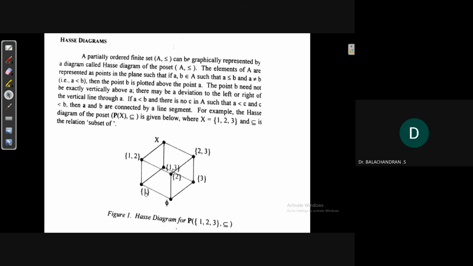Similarly for {1} and {2,3}, the least upper bound is X. Similarly for {1} and {1,2}, the least upper bound is {1,2}. For {1} and {1,2}, the greatest lower bound is {1}. So this example is a lattice, but it is not a chain.